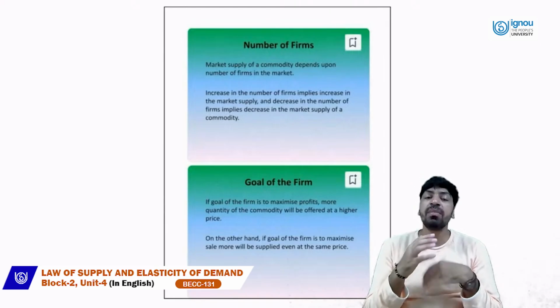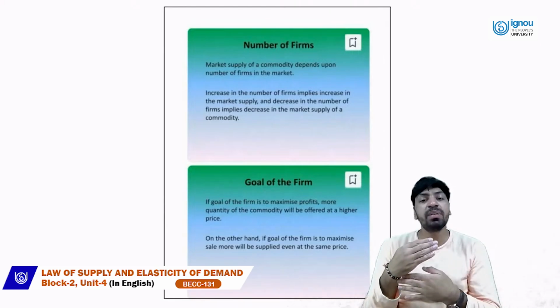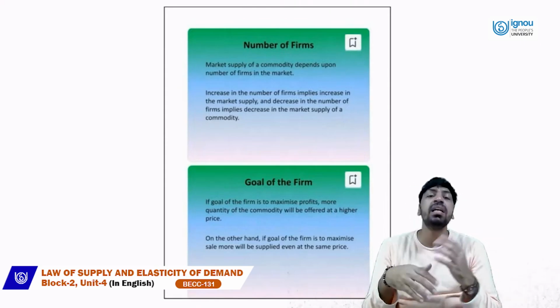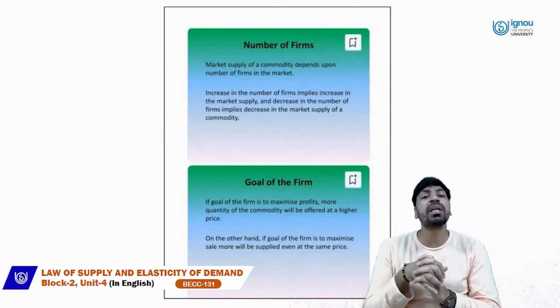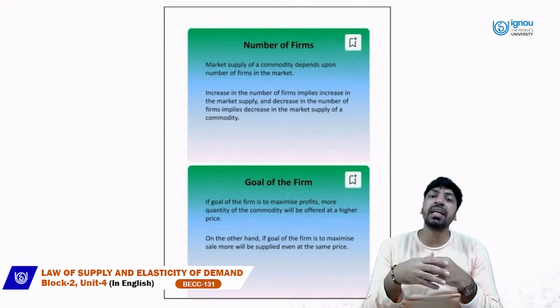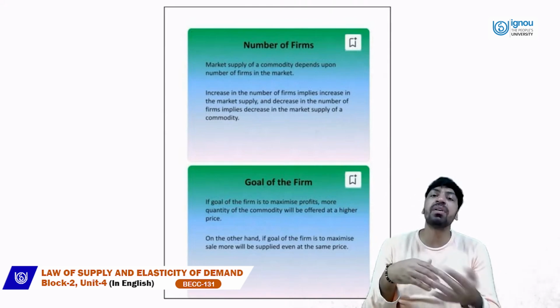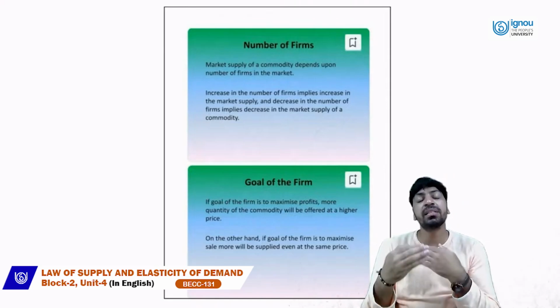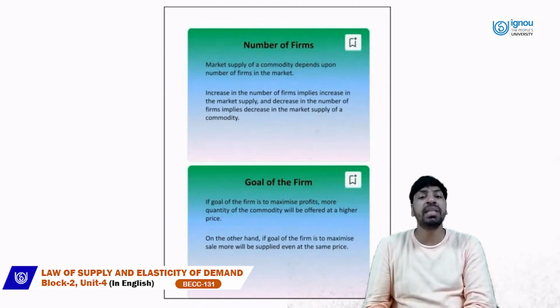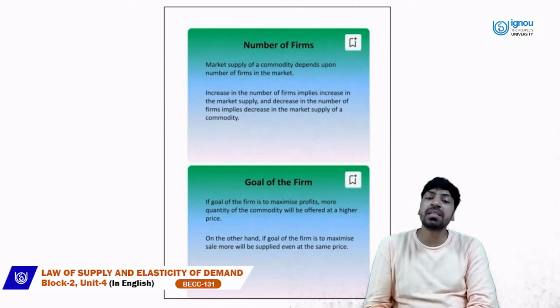If there is an increase in the number of firms, the market supply of a commodity would increase, and vice versa. If there are fewer firms, the supply of that commodity would also decrease.